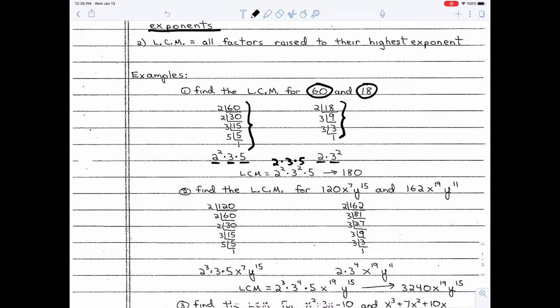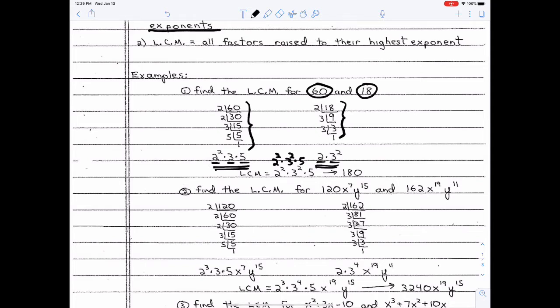So now look at each one. This one over here and this one over here. And what's the largest exponent for each factor? Well, the first one has a 2 squared, and the second one has 2 to the first, so 2 squared is the largest exponent. The first one has 3 to the first, the second one has 3 squared.